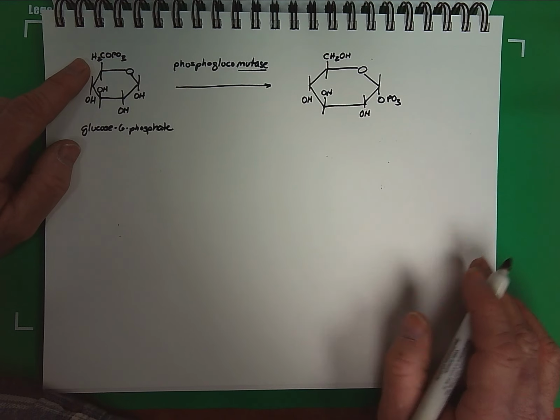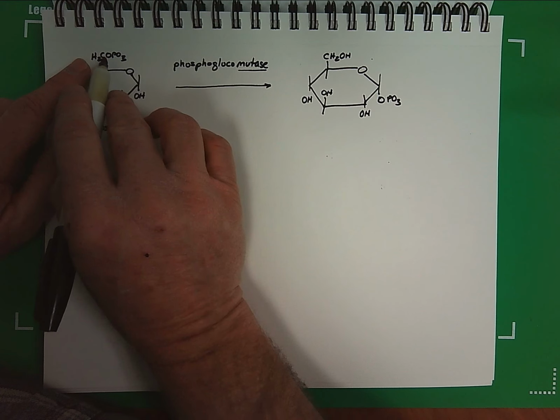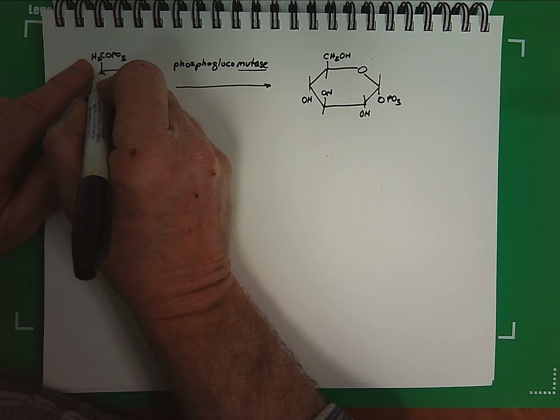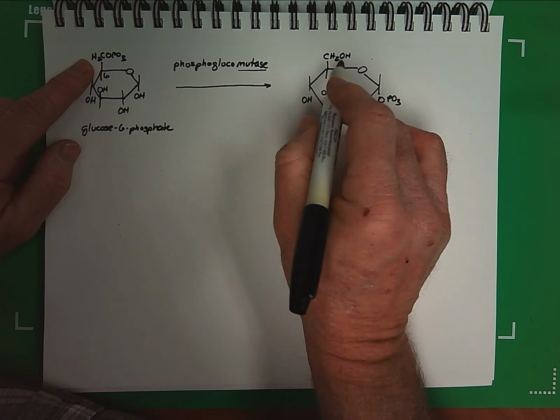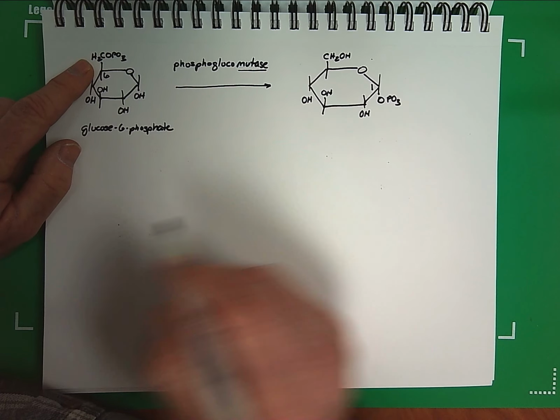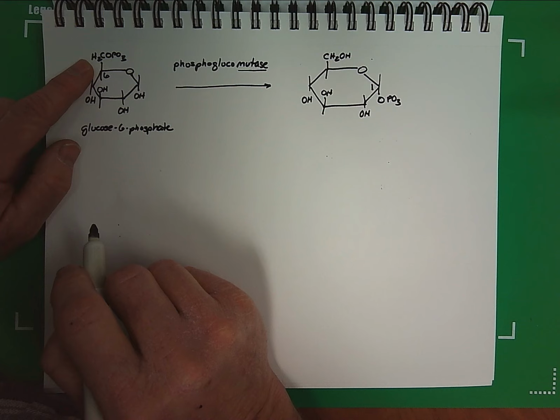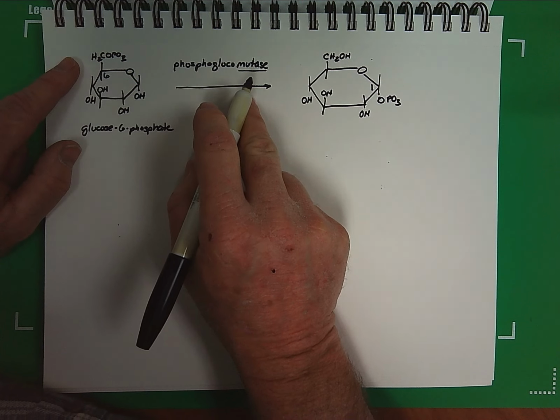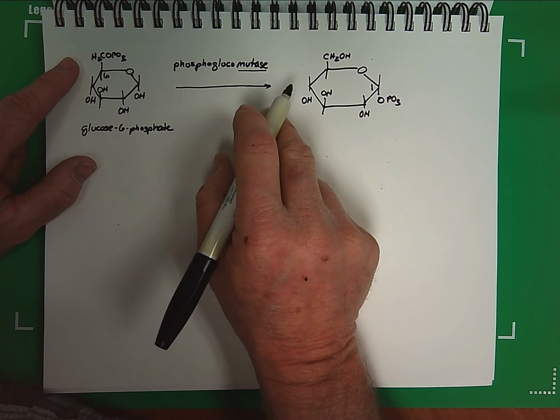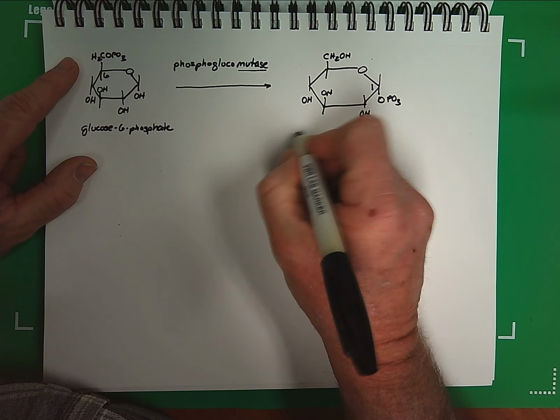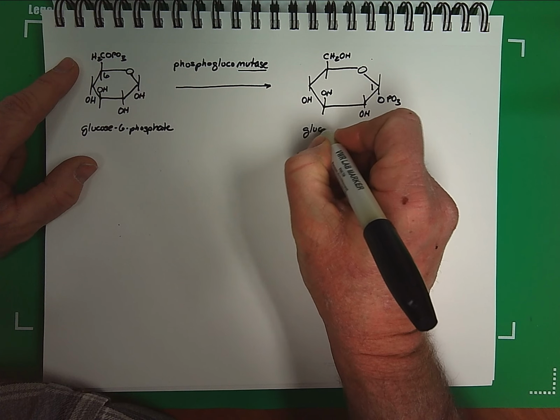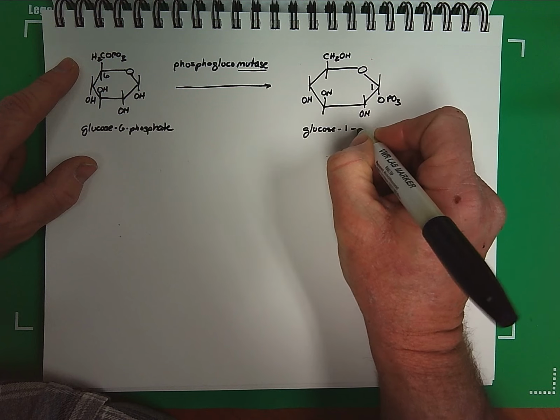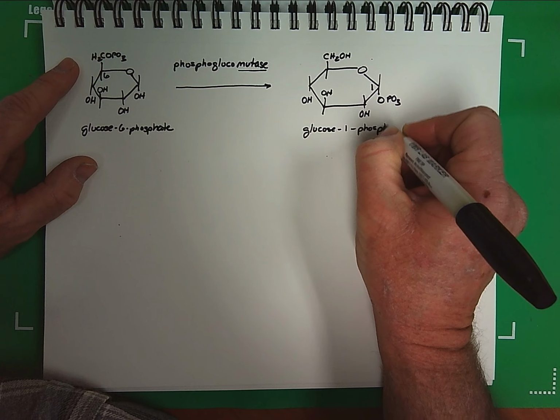Notice what we've done is simply move the phosphate group from the number 6 carbon to the number 1 carbon. So that is the purpose of phosphoglucomutase, and this is the first step in glycogen synthesis. So in this case, we are making glucose 1-phosphate.